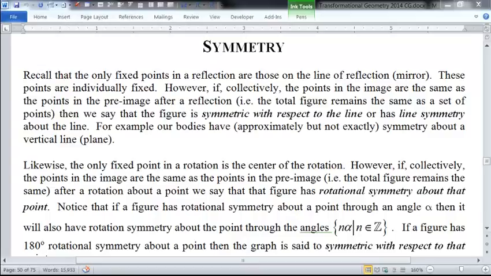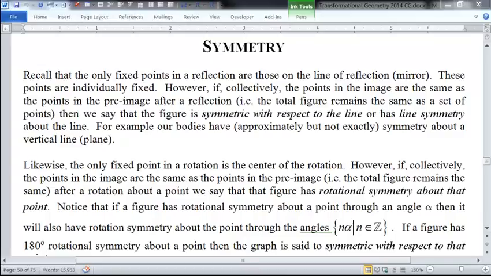So there we're talking about what's happening at the individual point level. But we can also restrict our attention to a specific set, as we often have, like a specific triangle or maybe other polygon, or some geometric figure, or a graph of something like a parabola, y equals x squared, or an angle, like y equals absolute value of x.